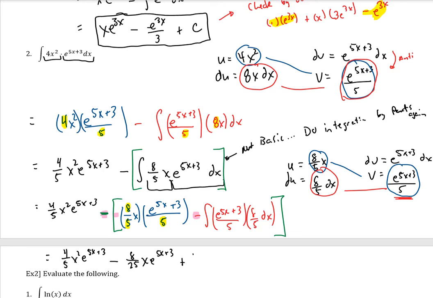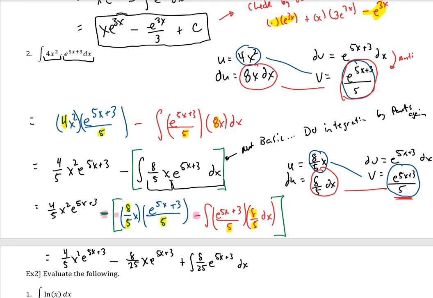The integral's still there, but let's simplify one last thing. The 8 and the 5 would be 8/25. And then now it's just the exponential e to the 5x plus 3 dx. Okay, and now this is a basic one.